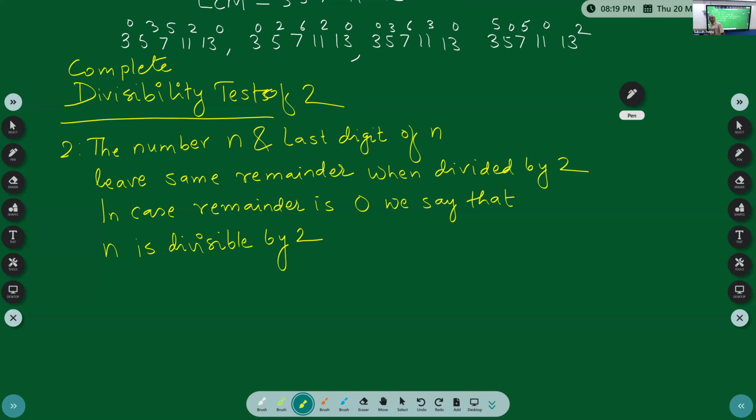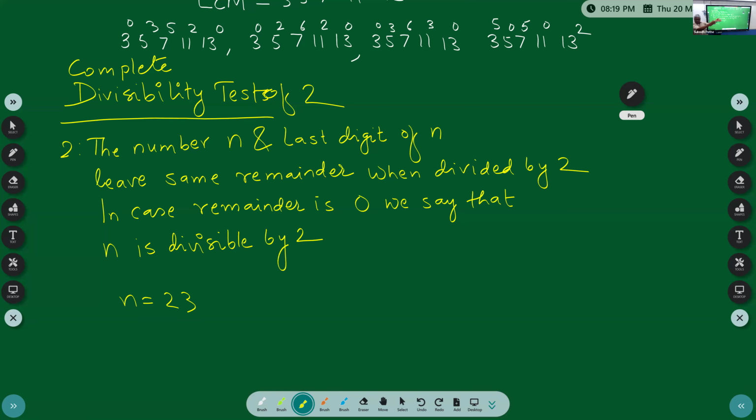Is this true? Suppose we have number n equal to 23. 23 when divided by 2, how much is the remainder? 1. If we divide 3 by 2, how much will be the remainder? 1. Correct? So we need not divide the entire number by 2.